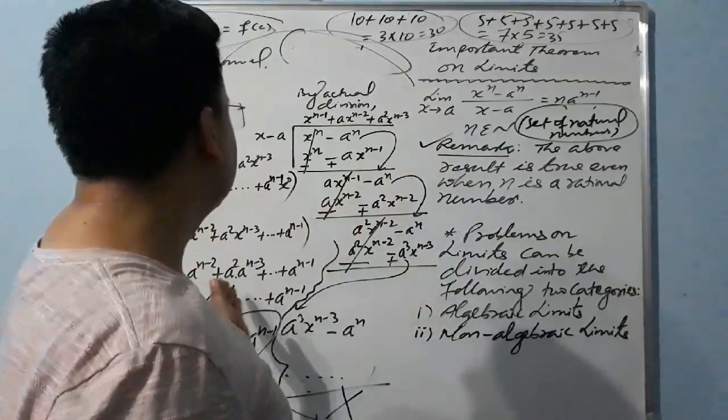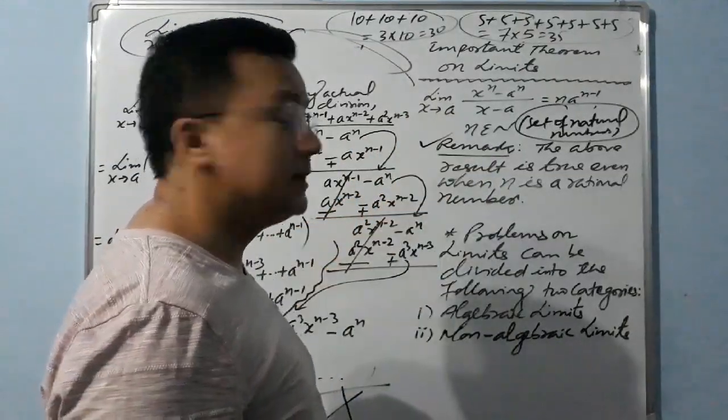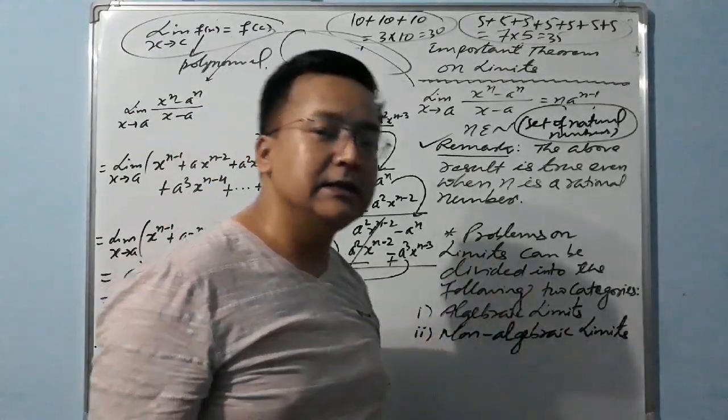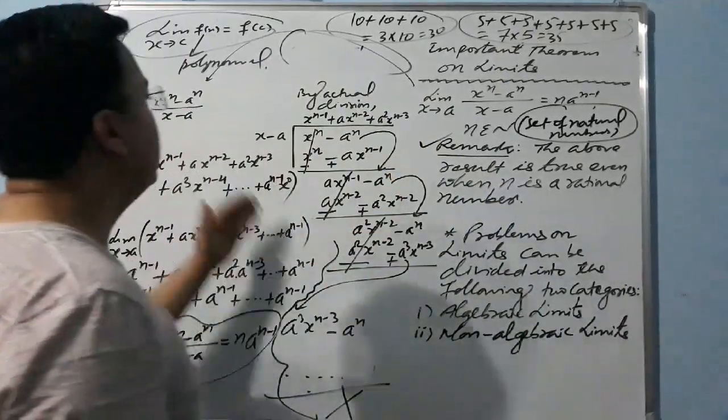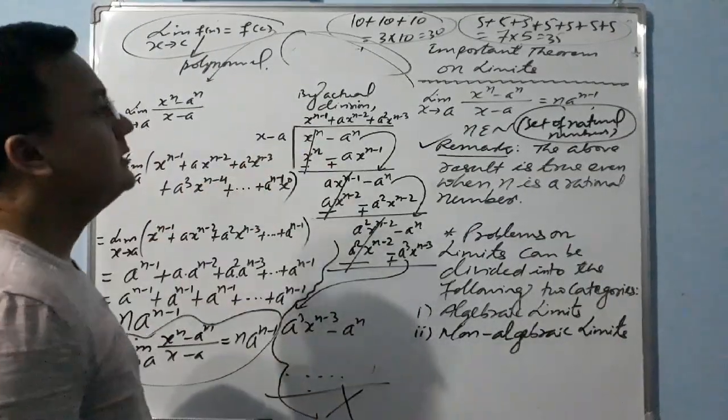You understood how to find it if n belongs to the set of natural numbers; then we can divide in this way, using actual division.